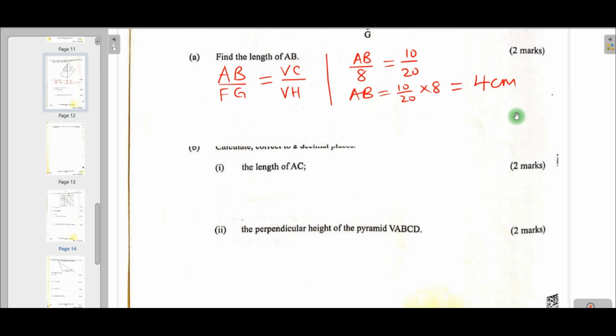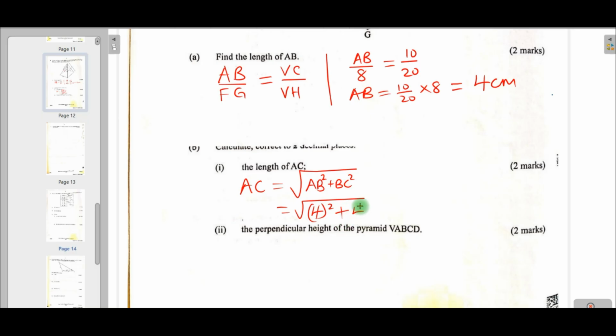So AC will be the square root of AB squared plus BC squared, since it is also a square base. AB is 4, so we square it.